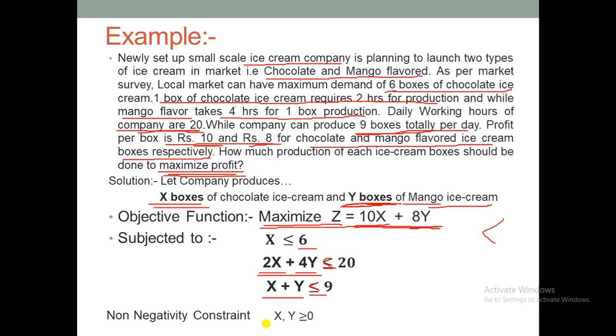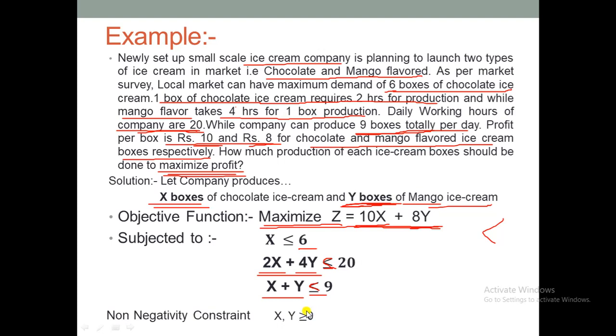Okay, so now we have come to the third step, that is the formulation of the mathematical model. We have seen the formulation of the objective function by using the decision variables. We have seen how to consider the constraints that give the limitation on this objective function, and the last one is the non-negativity constraint. Now let's see how to solve this particular problem.